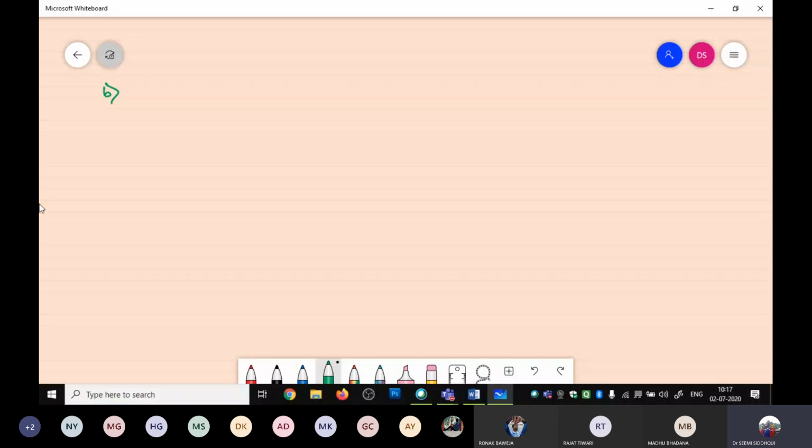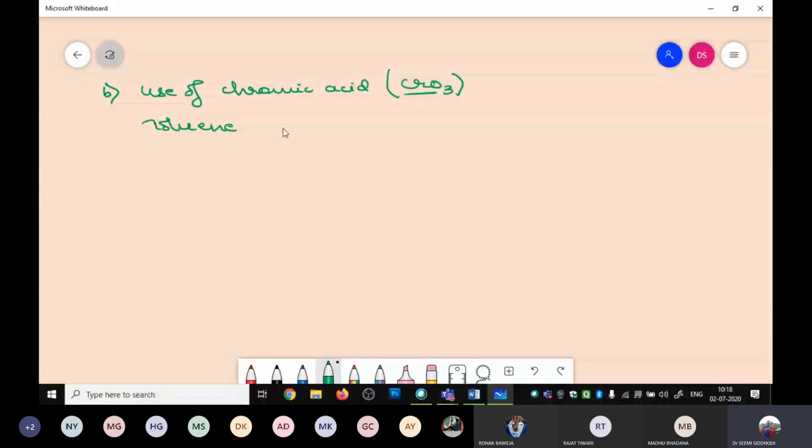Coming to the next. One, you have used the chromyl chloride for the preparation of the aldehyde. In the second, what we do, we are going to use chromic acid. Now you should be familiar with the chromic acid formula. This is the chromic acid formula. Got it? Now in this particular reaction, you are going to take the toluene, the same which we called methyl benzene.